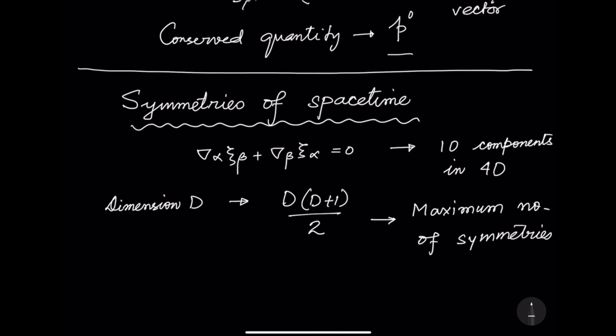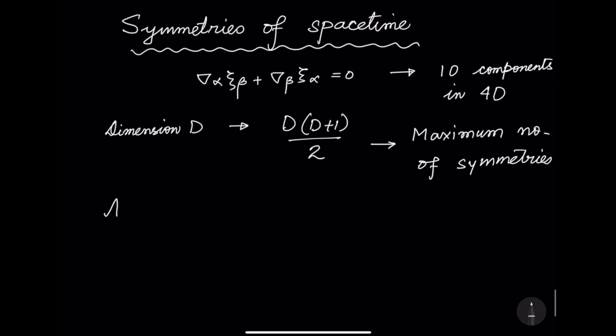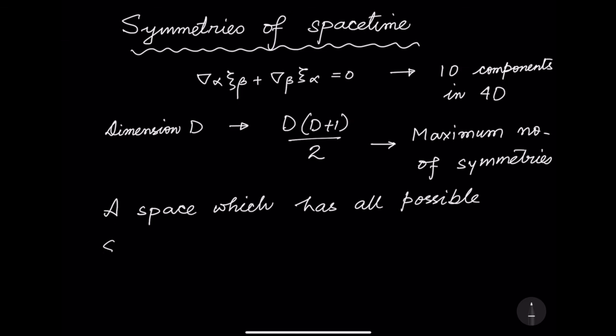A space which has all the possible symmetries is called a maximally symmetric space.